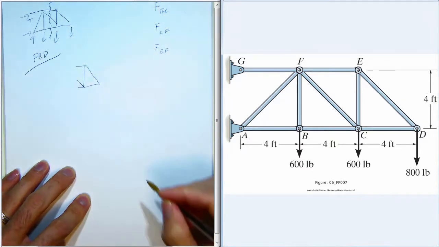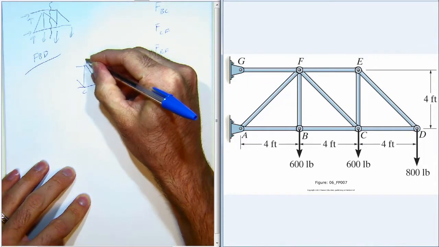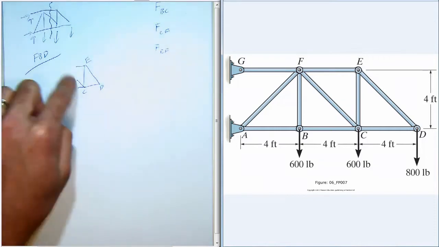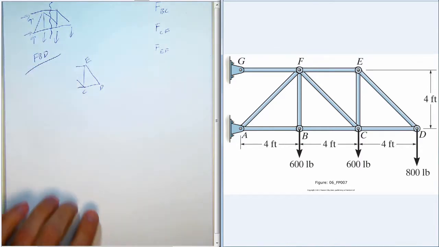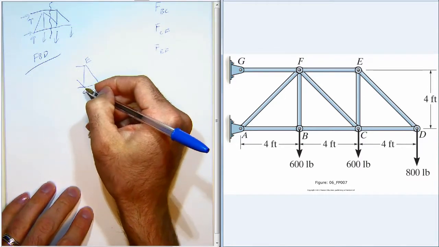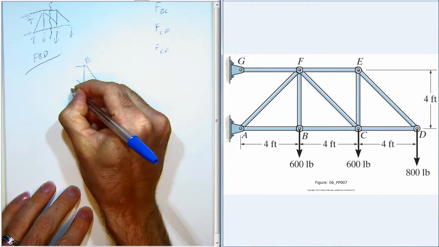So there is the section of the truss we're working with, and I'm showing joints C, D, and E, and then the cutting line cut through these members. And so I'll go ahead and draw them all in tension.